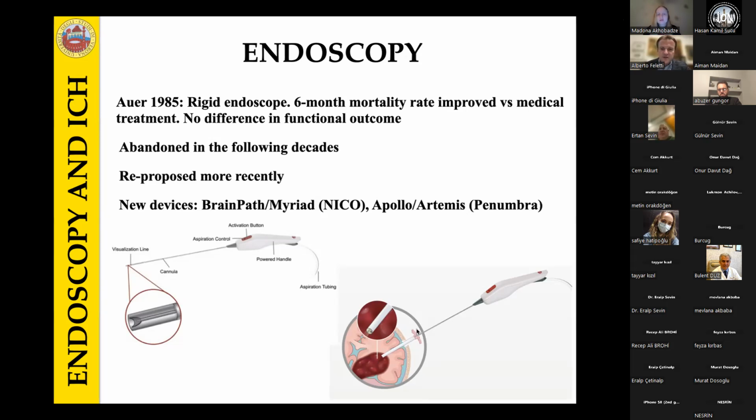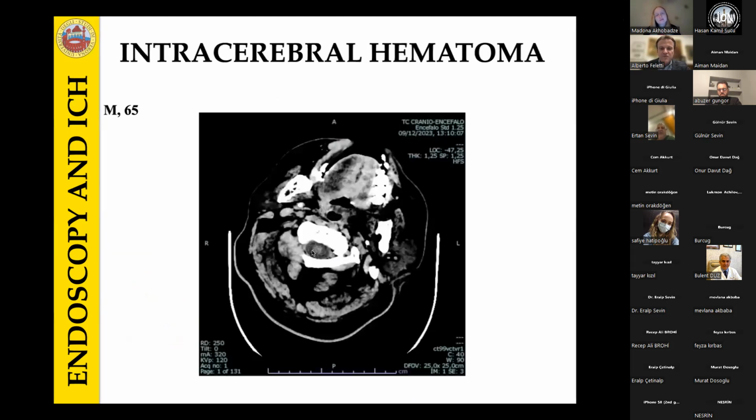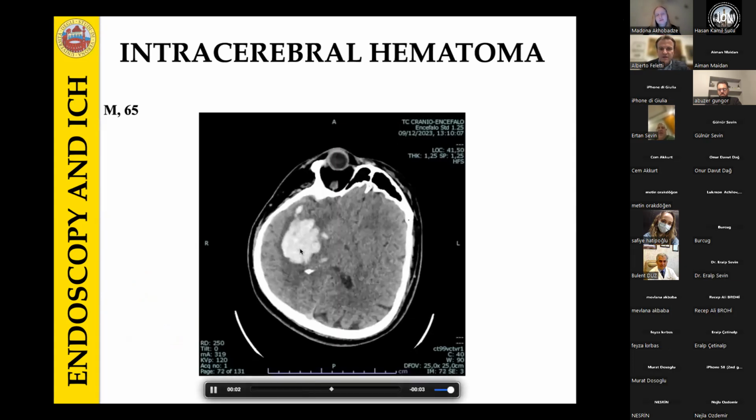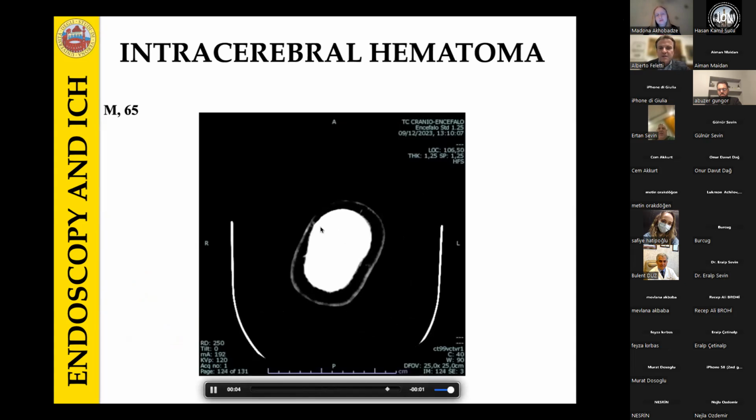These instruments can be inserted in the operative channel of the rigid endoscope. So you can basically remove these hemorrhages like this one in this patient with a single burr hole.